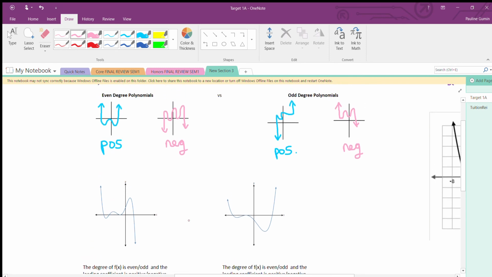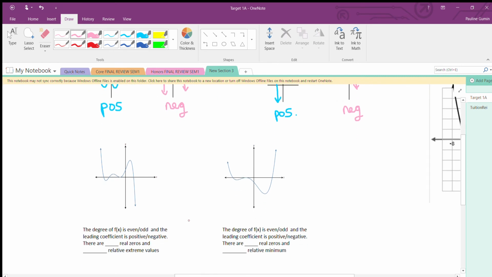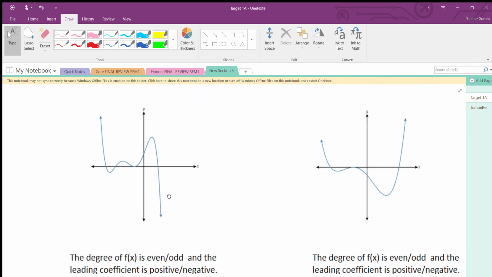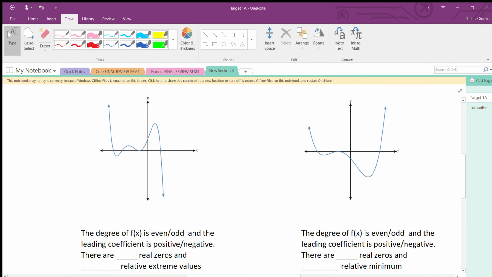Let's use some of the vocabulary that we've learned over the course of these few little sections in Target 1A to describe this polynomial. First of all, I ask you, is this an even or an odd degree? Well, see how these arms are in opposite directions? That means it's an odd polynomial.